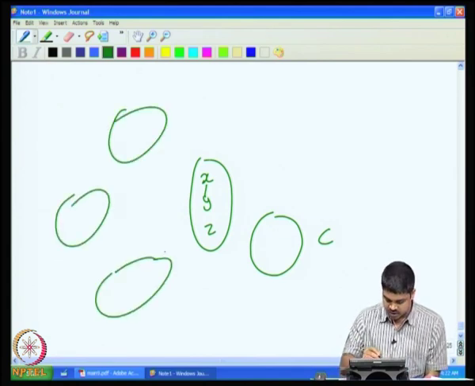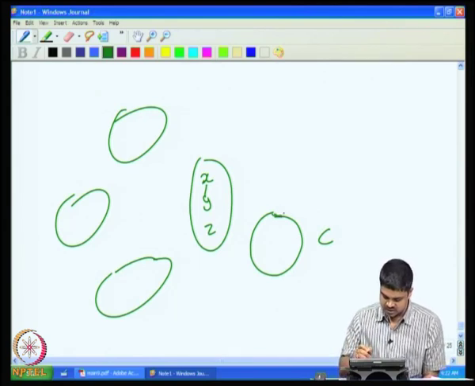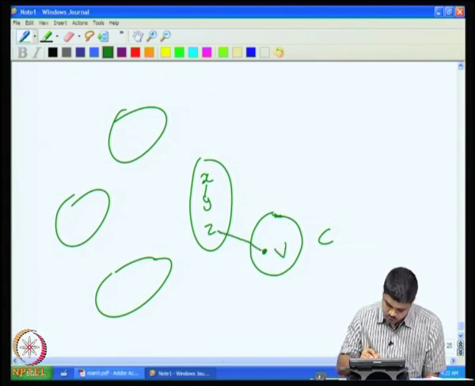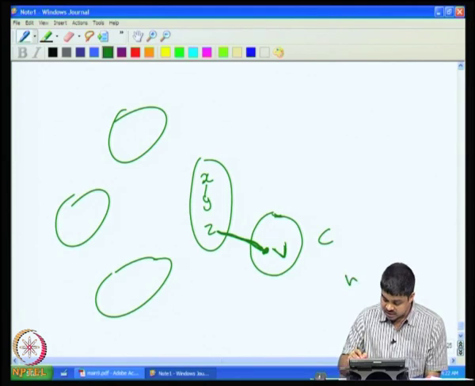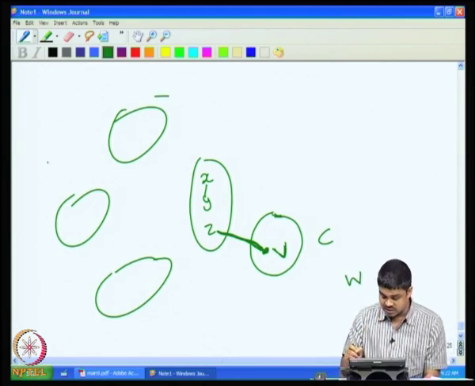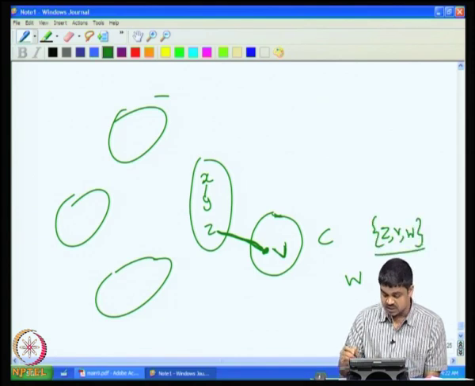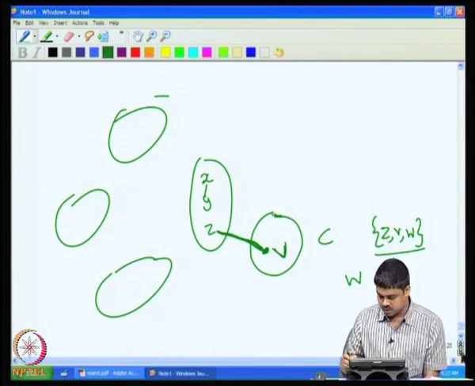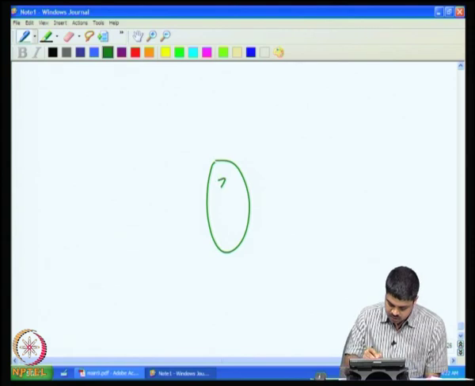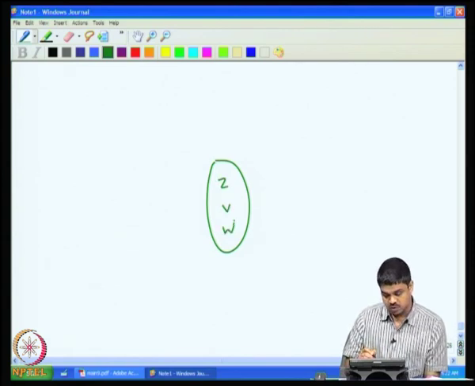This is the smallest component, and this happens to be the smallest among all possible xy sets which I select. So, there will be one vertex V here to which it is adjacent, because there should be an edge going here, and that end of this edge is called V. Now, ZV is an edge, and there is another vertex W somewhere, I do not know where, such that Z, V, W, these three, is a separator of the given graph.